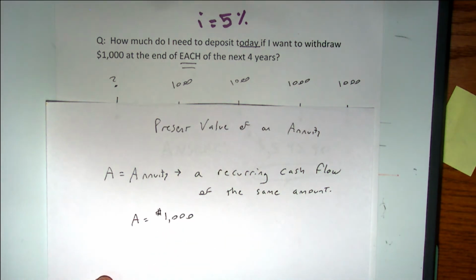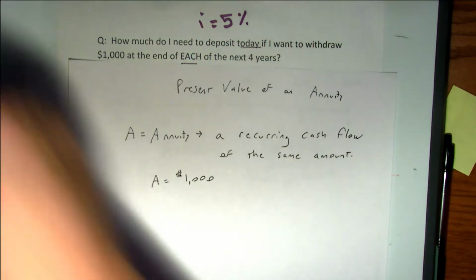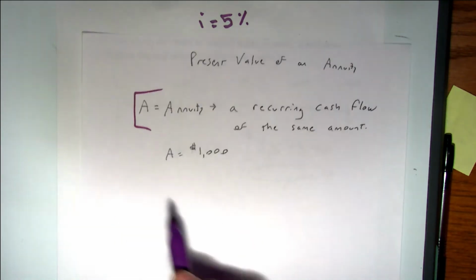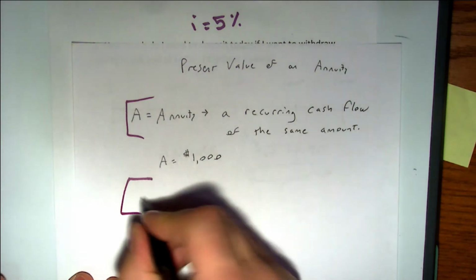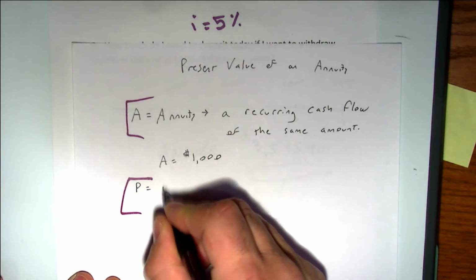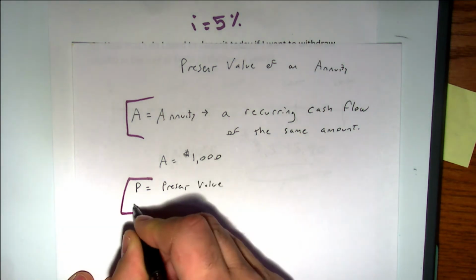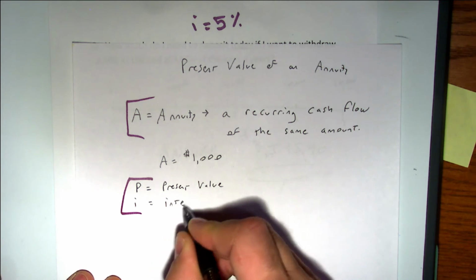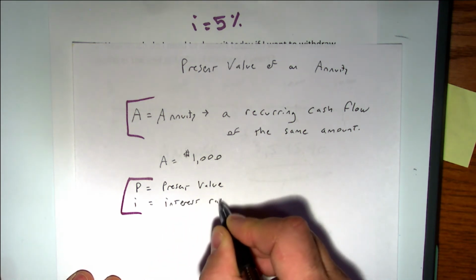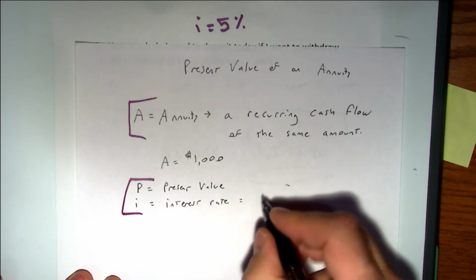Now, P still equals the present value. I still equals the interest rate. And in that problem that we were doing, what was the interest rate? 5%.